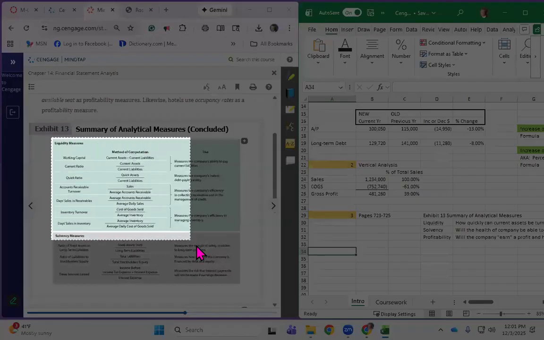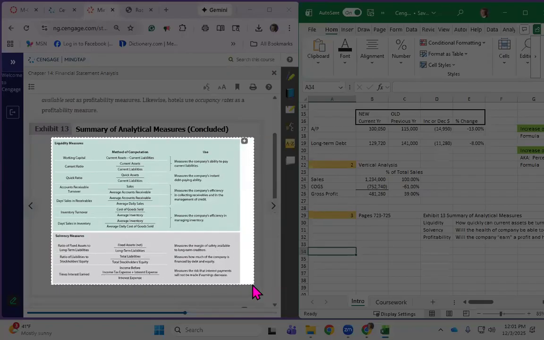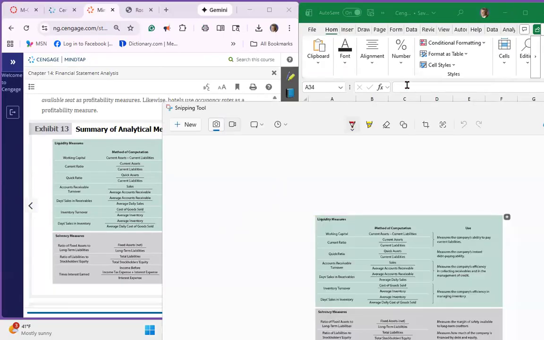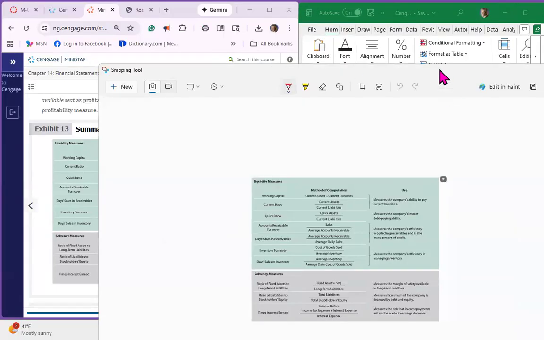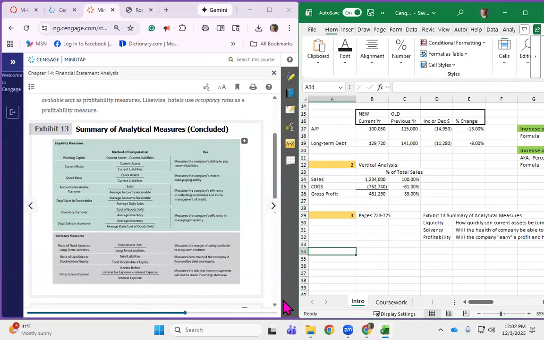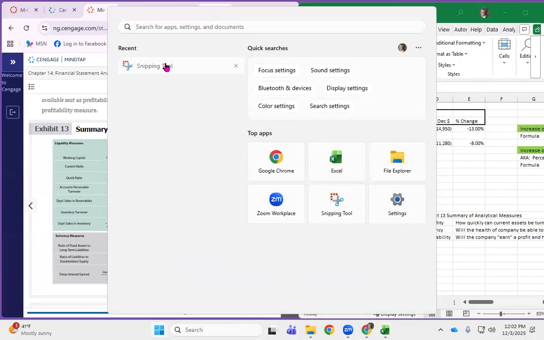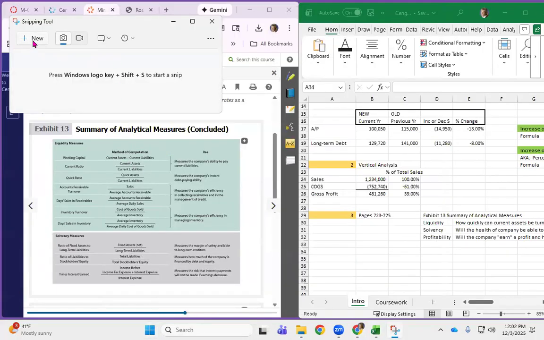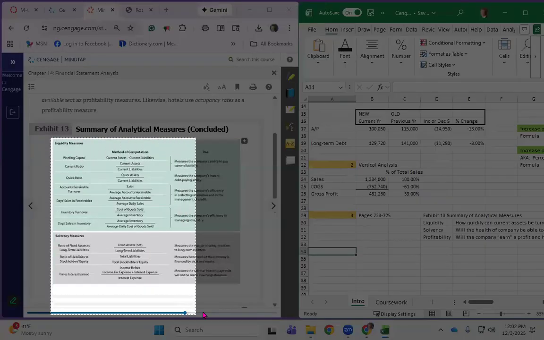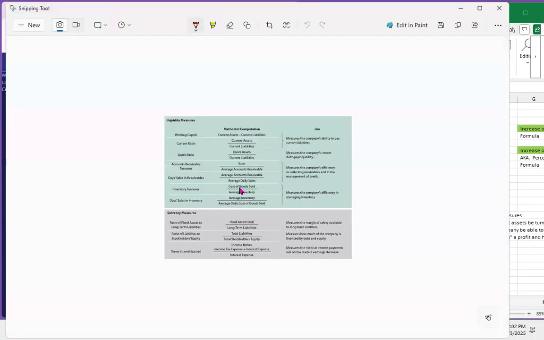If you wanted to go to the ebook and snip this, it probably would be a good idea, because you can snip anything, really. Let's try this one more time, and then I'll bring this into our spreadsheet here.